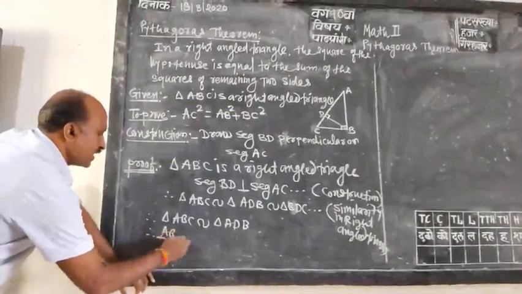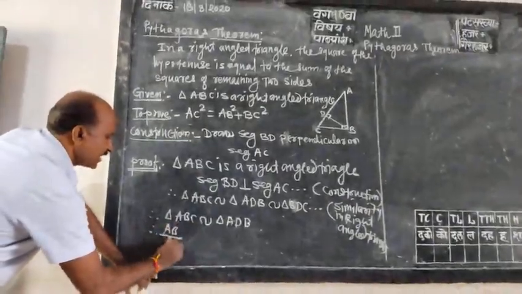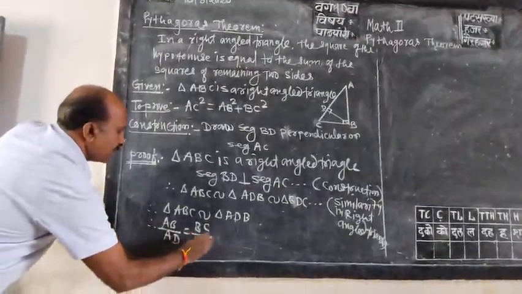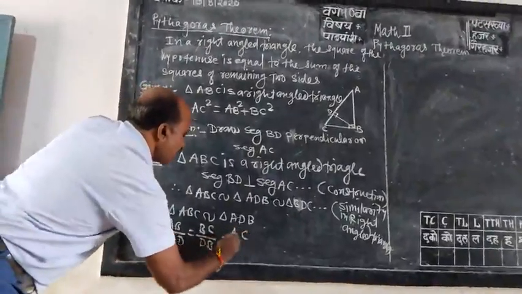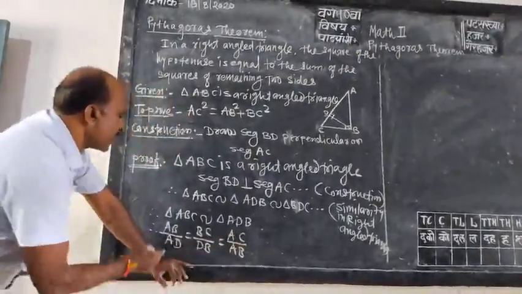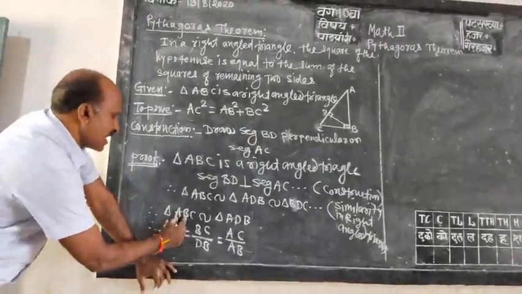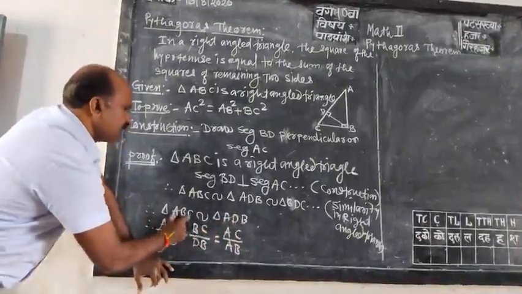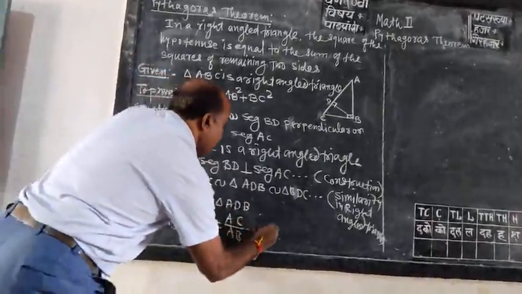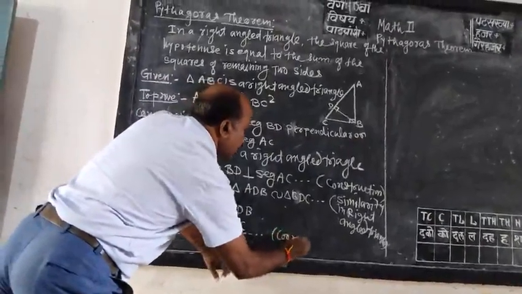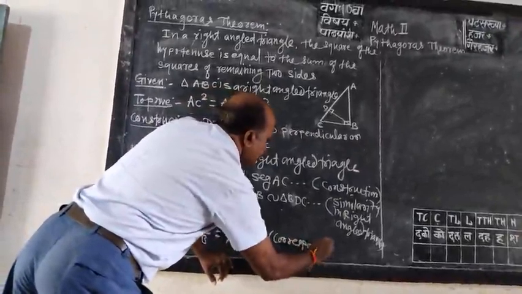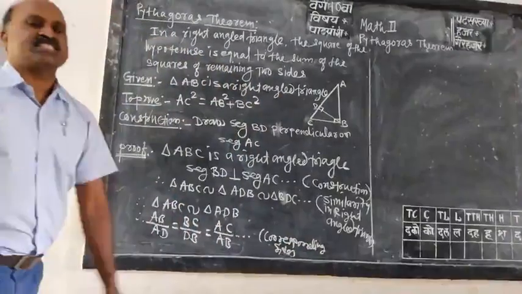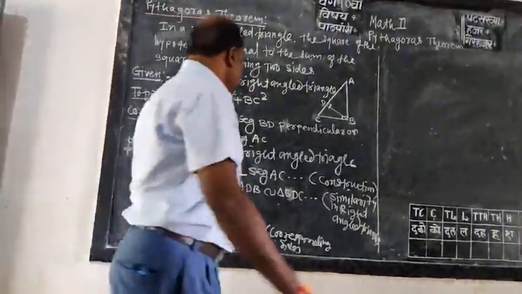Therefore, AB divided by AD is equal to BC divided by DB is equal to AC divided by AB. Corresponding sides are in proportion.